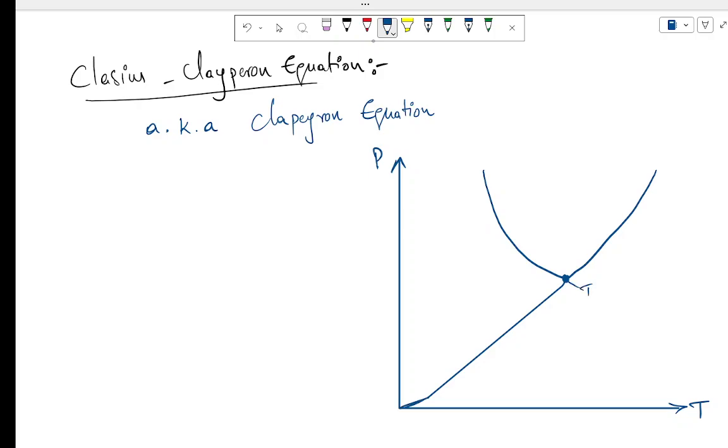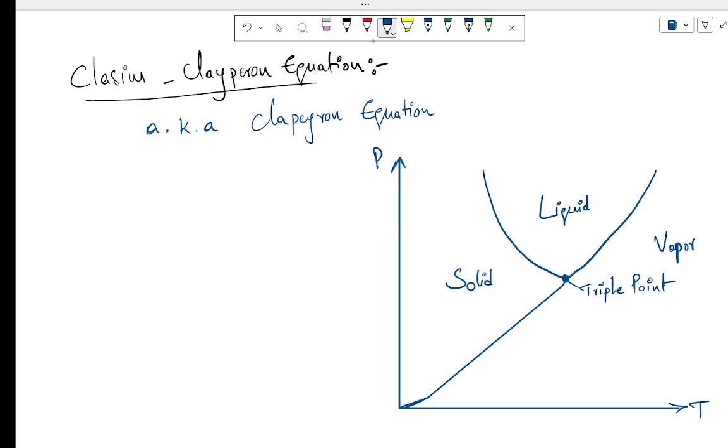This point is a triple point, and this side you call the solid state, this side you call the liquid state, this side you say is the vapor state.